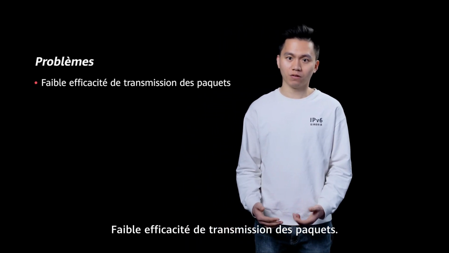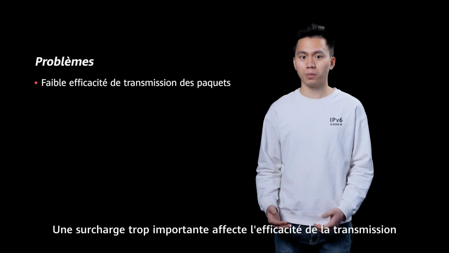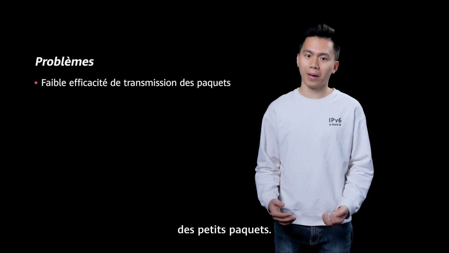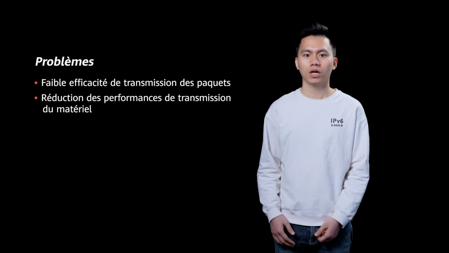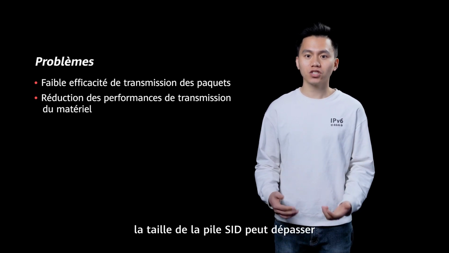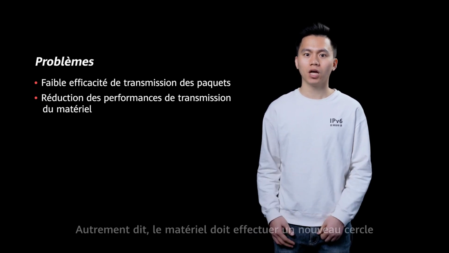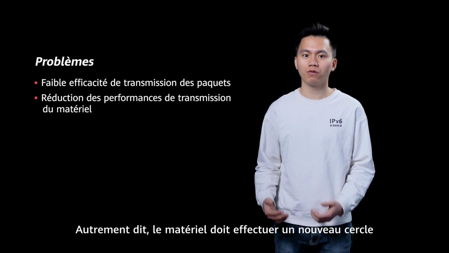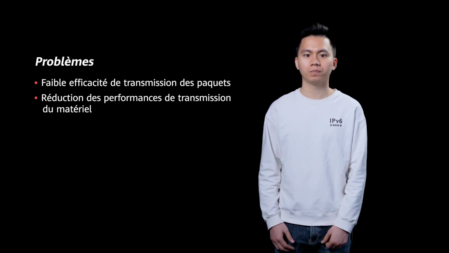Low packet transmission efficiency: the big overhead will affect the transmission efficiency of small packets and reduce hardware forwarding performance. If the segment list contains a large number of segments, the size of the segment stack may exceed the parsing window size of the chipset, meaning that the hardware must perform a recycle, which will affect the forwarding performance.